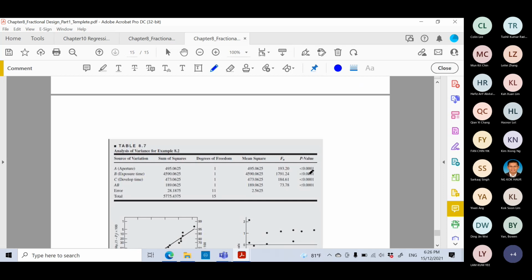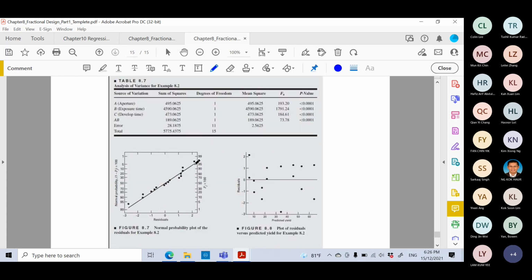After you identify the important factors, of course we also need to check the normality plots to make sure the assumptions are fulfilled, or at least they don't deviate very much, so that it is acceptable.